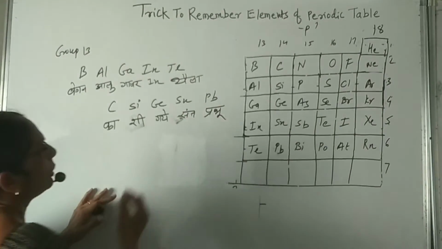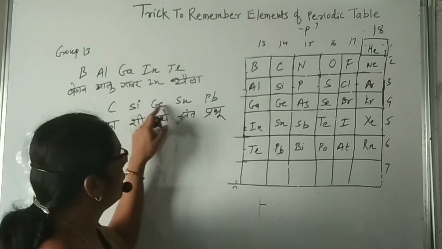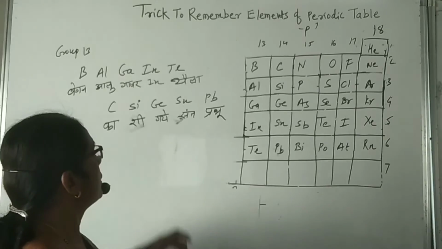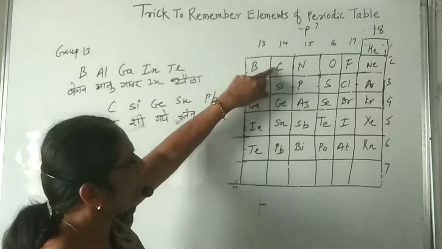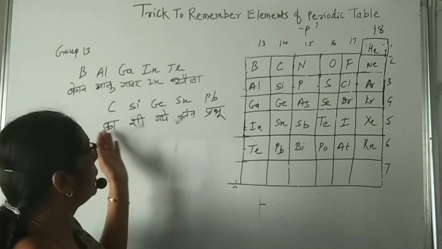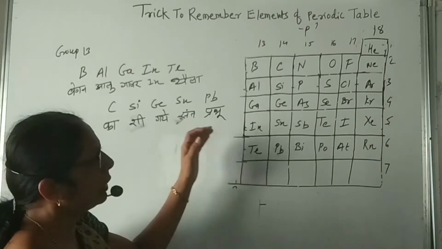If you remember the word Kashi Gaye Sant Prabhu, carbon for Kashi, Si, Ge, Sn, Pb: carbon, silicon, germanium, tin and lead.